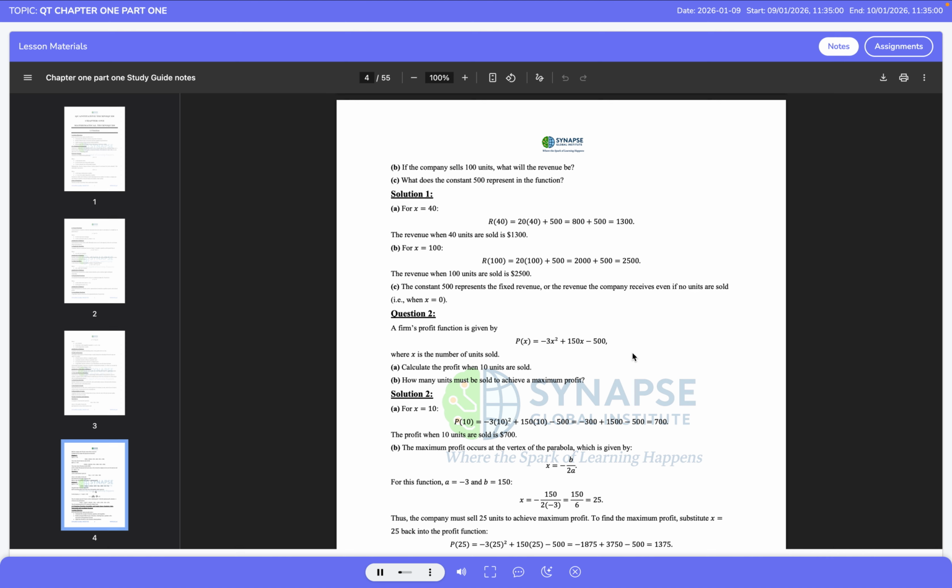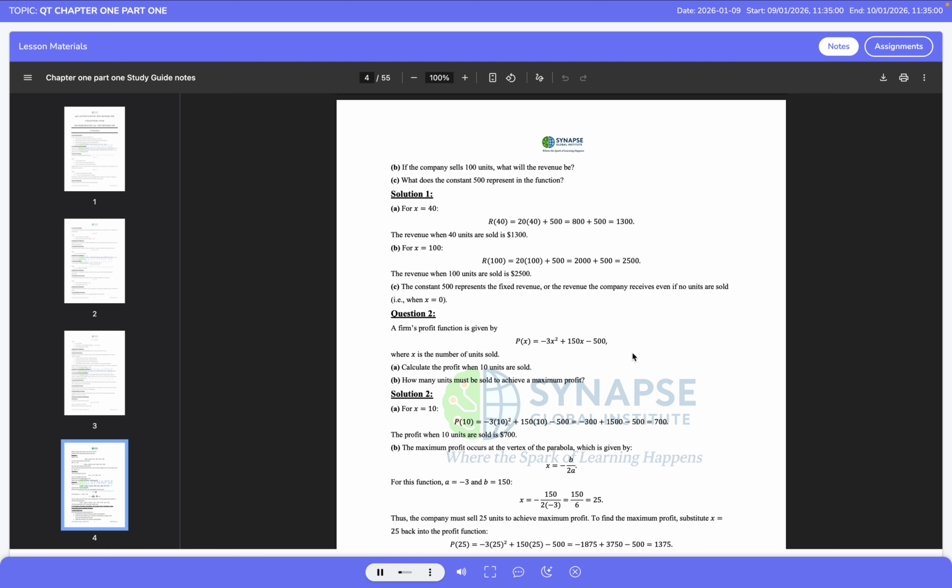In the second question, a firm's profit function is given by P(x) = -3x² + 150x - 500, where x is the number of units sold. In part A, to calculate the profit when 10 units are sold, we substitute x = 10 into the function.